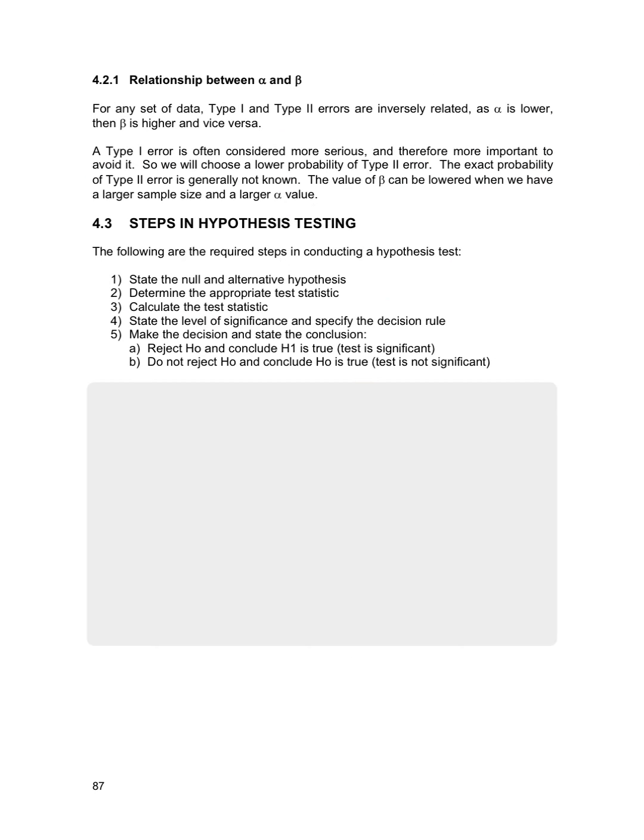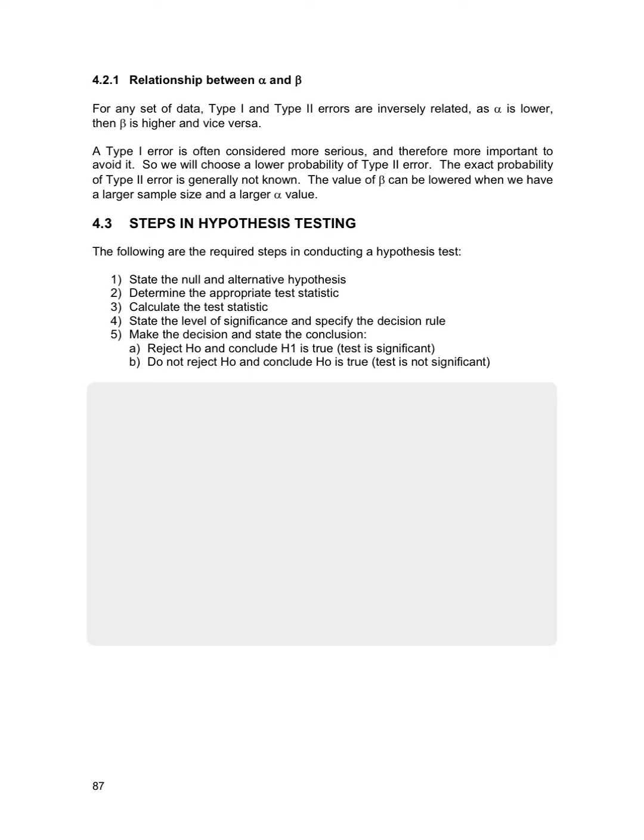So what is the relationship between alpha and beta? For any set of data, type 1 and type 2 error are inversely related. As alpha is lower, then beta is higher and vice versa. A type 1 error is often considered more serious and therefore more important to avoid.